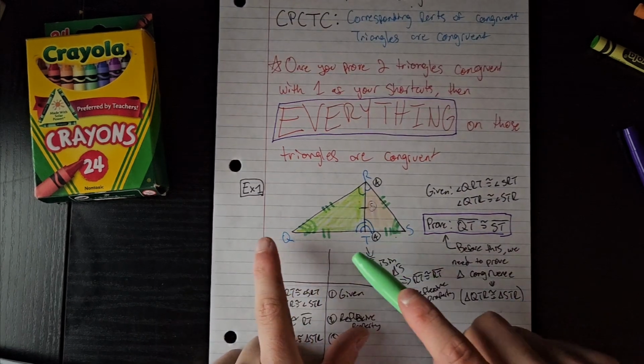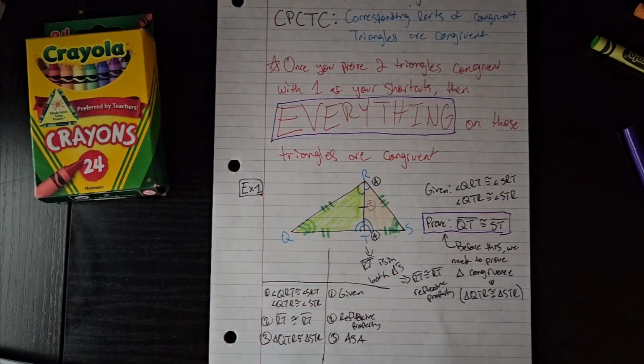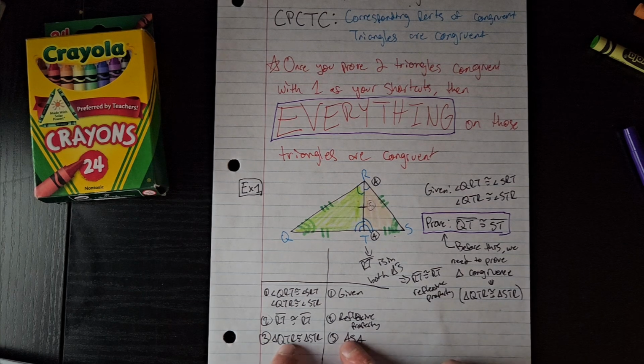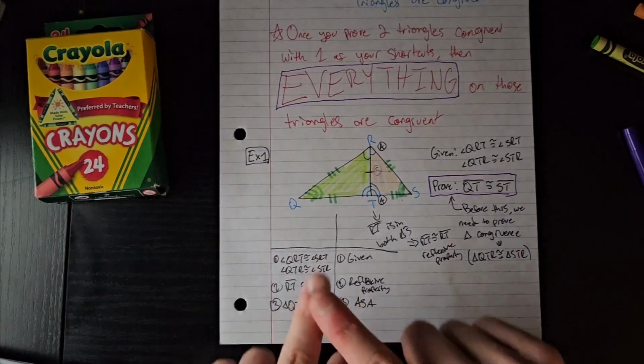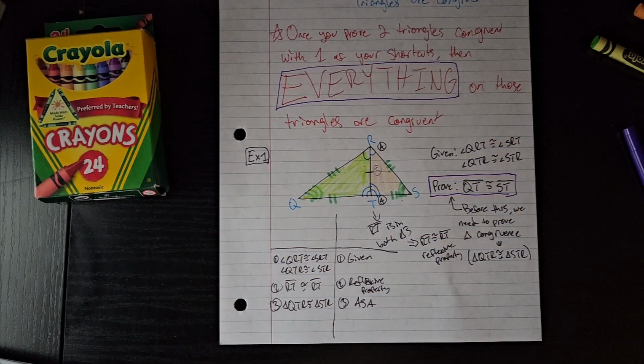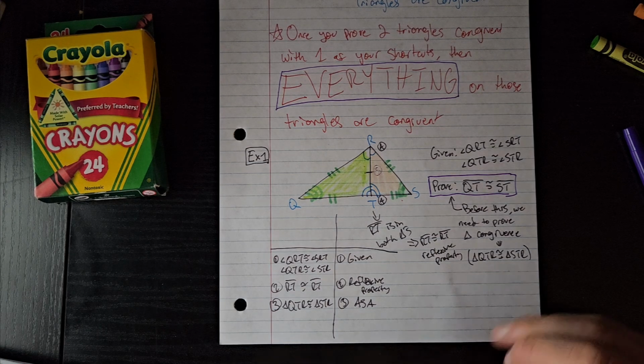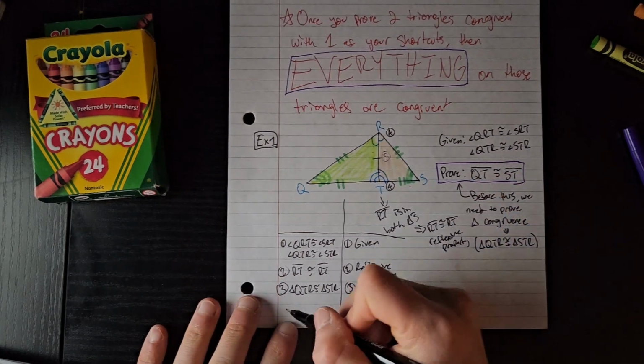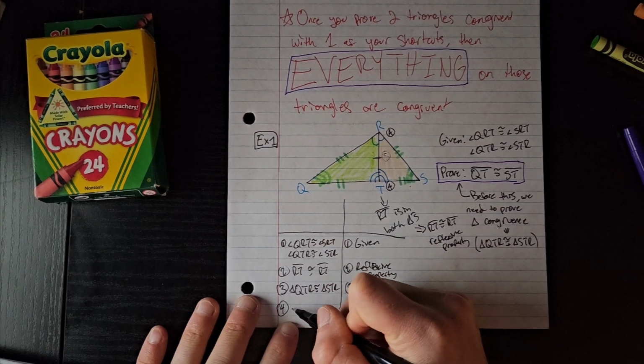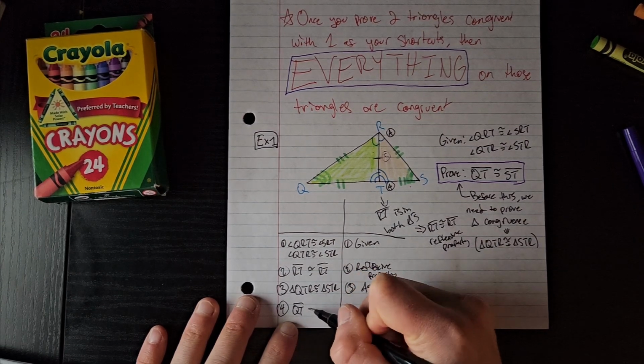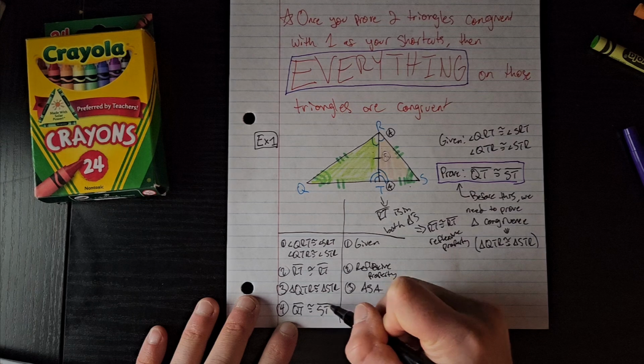Everything's congruent, so we can say that RT is congruent to ST. Since we have congruent triangles already, everything is congruent about these triangles. All sides, all angles. So we finish our statement. We proved this. I just proved that QT is congruent to ST.